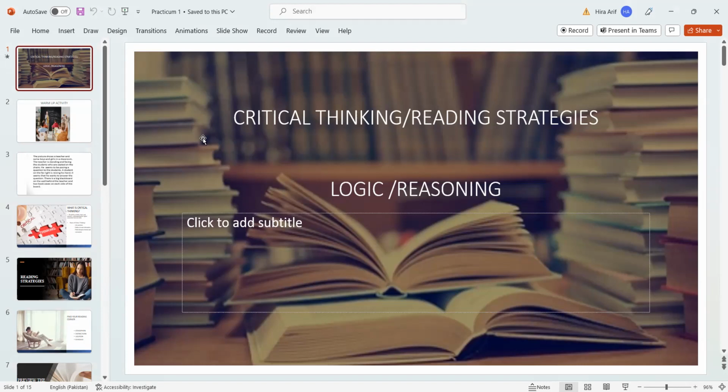When you read something, you need to be very careful. For example, when you read any article or prompt, you're not just going to read it, you're going to think critically about the arguments. You will read what the writer has written and be critical about it.